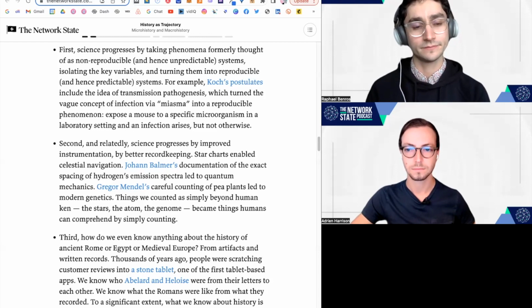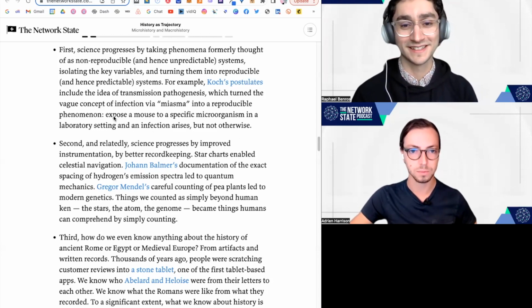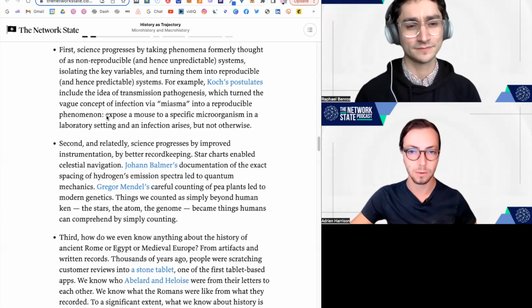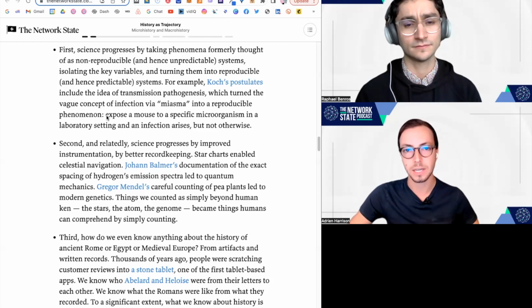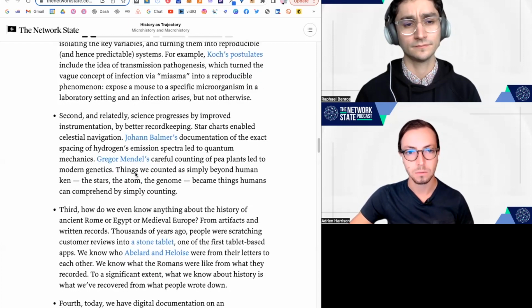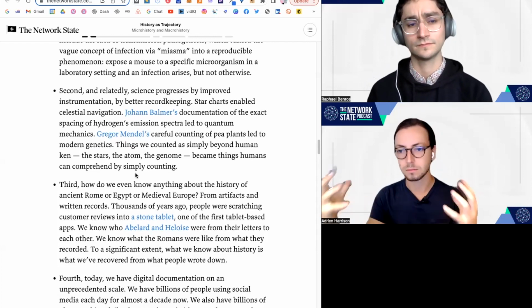So that part I get. And then for this first point, expose a mouse to a specific microorganism in a laboratory setting and an infection arises, but not otherwise, that's just like there's some form of causation happening. Right. So there is a linear timeline where causes and effects exist.